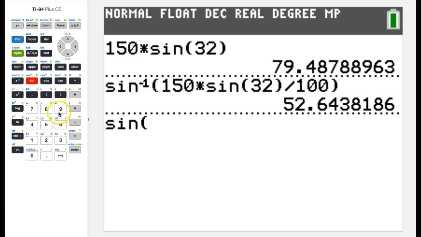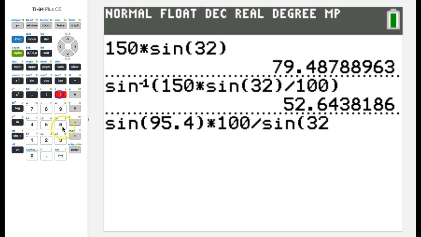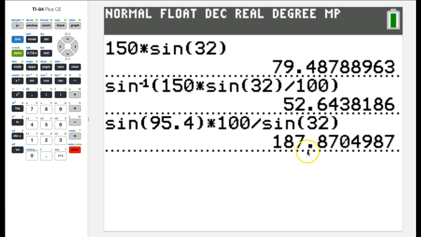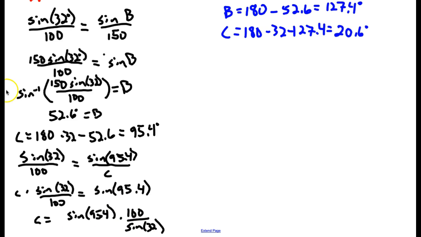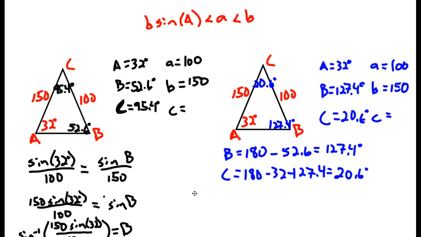So sine of 95.4 times 100 divided by sine of 32. We get that c is about 187.9. And we have solved our first triangle.